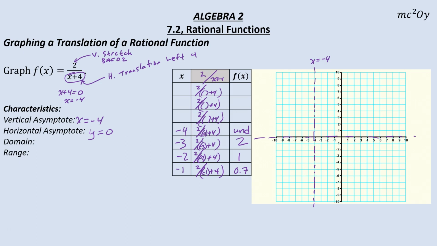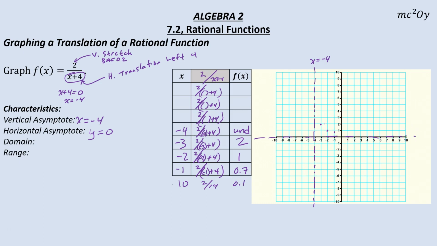Okay, and so we go -3, 2, negative 2, 1, and negative 1, 0.7, right? And by the way, if we would have put in 10 and continued that out, we'd have 10 plus 4 or 14, 2 over 14, which is really close to 0 there. I think it's like 0.114 or something like that.